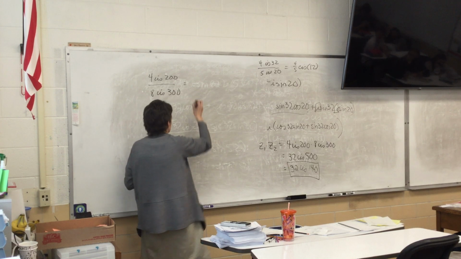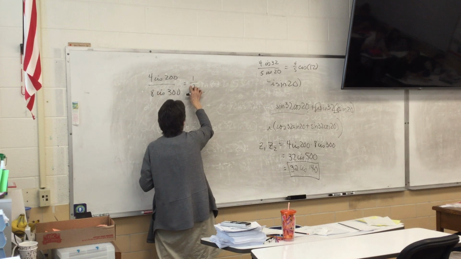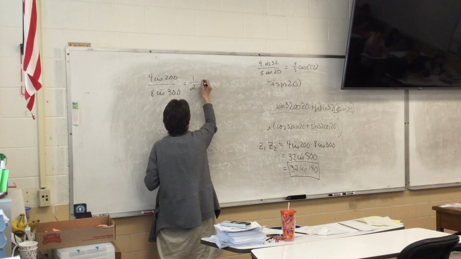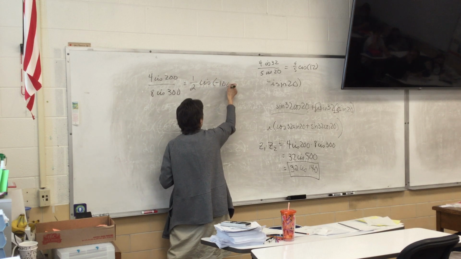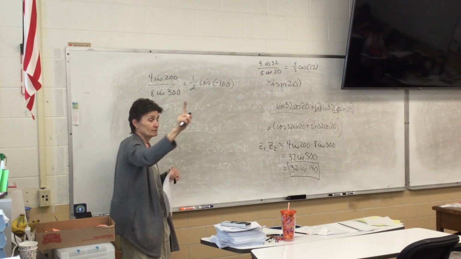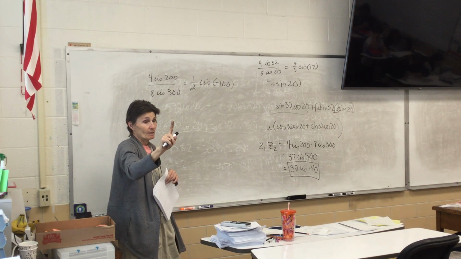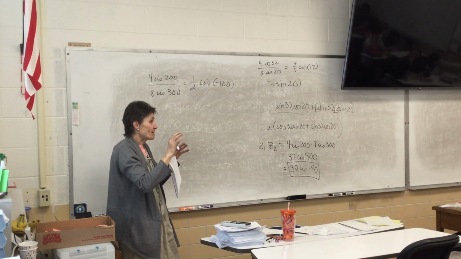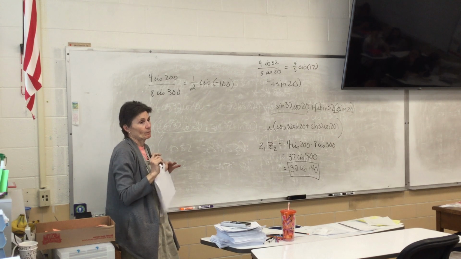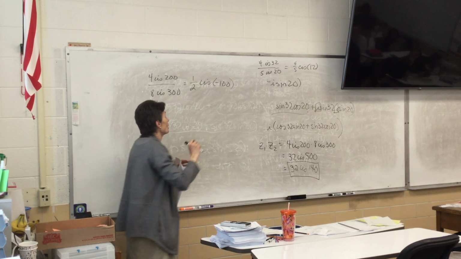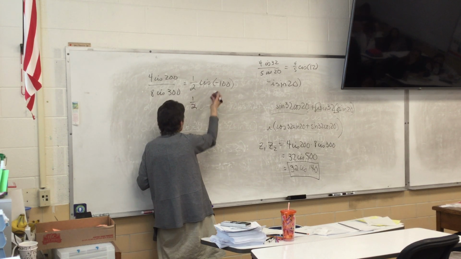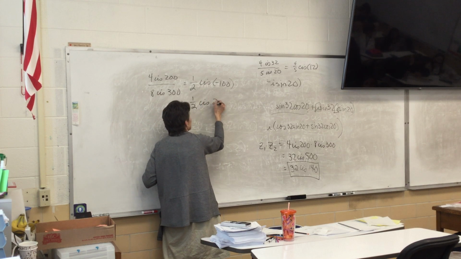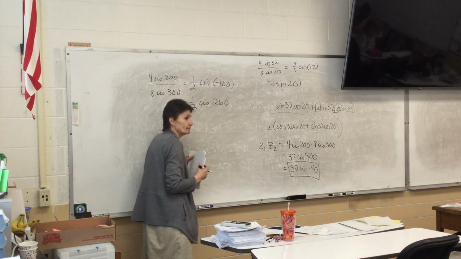It's going to be 1/2 or 0.5 CIS negative 100. That's going to be step 1. But in polar form, the argument theta must be between 0 and 360. So Seth says, okay, can't use negative 100. I'm going to use 260 instead. Is it okay?